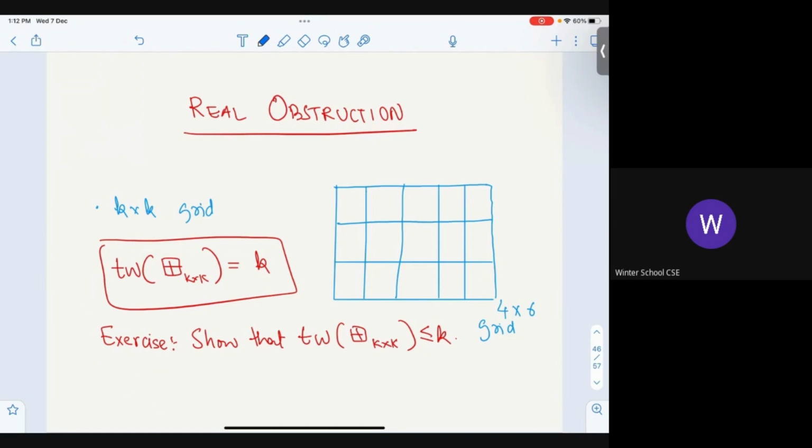So it is as simple a structure as we can think of geometrically, but this treewidth is large. Okay? And this object, not as a subgraph, not as an induced subgraph, but through some operation called minors. Okay, we'll talk about it if time permits in the next class, are the real obstruction.